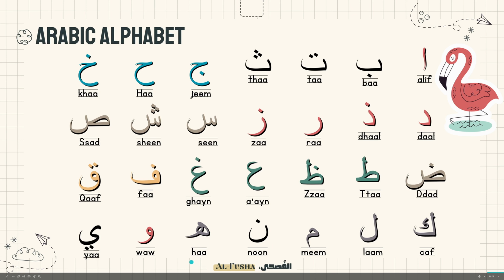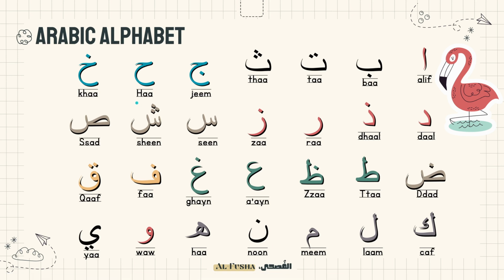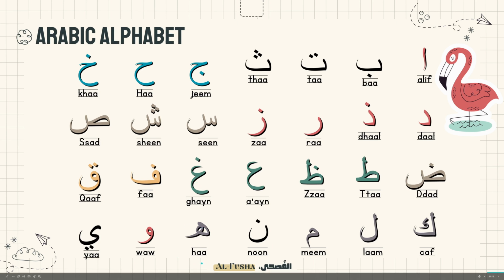And the difference between this one and the top one is this one is a bit stronger. We say Ha for the first one here on top, while the one below here we just say Ha, like normal H. Then we have here Waw.